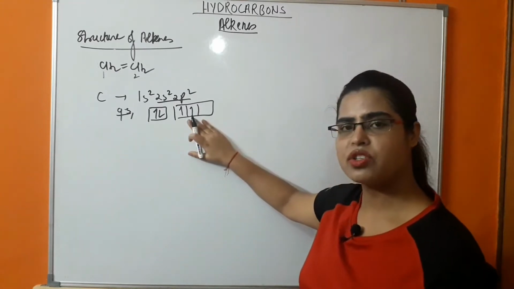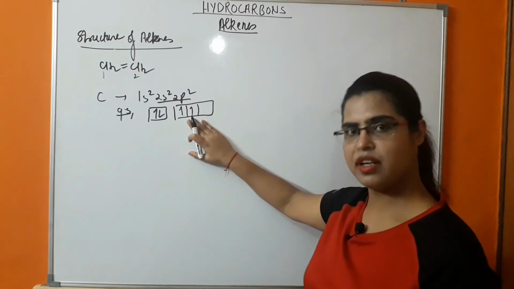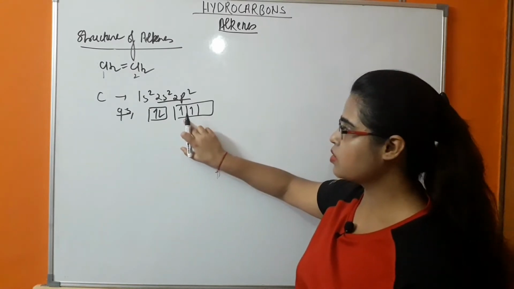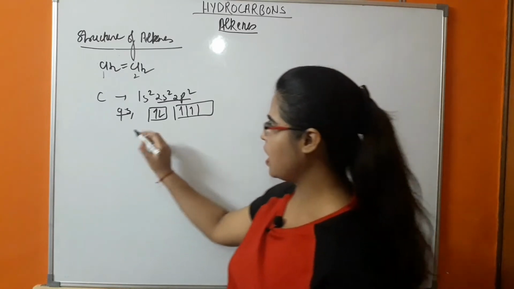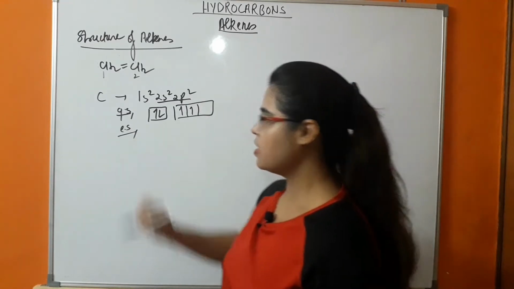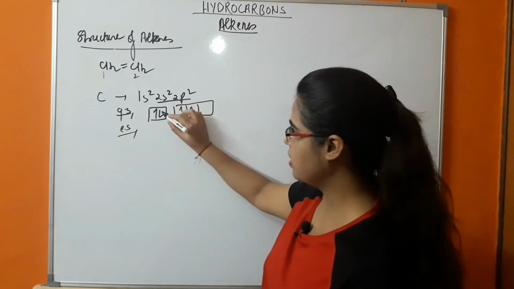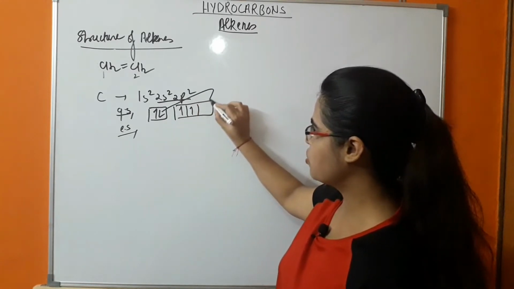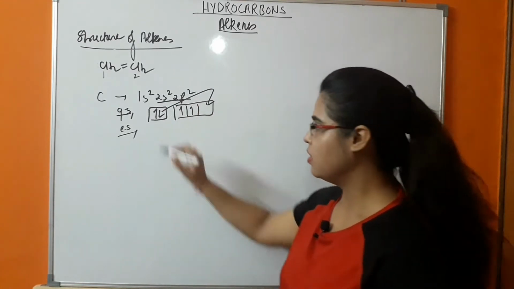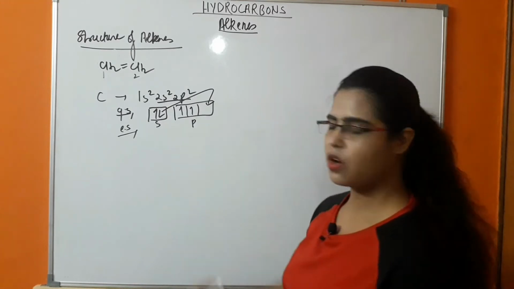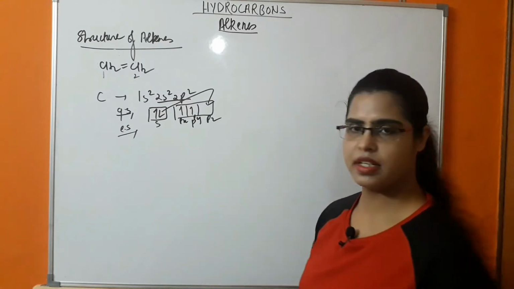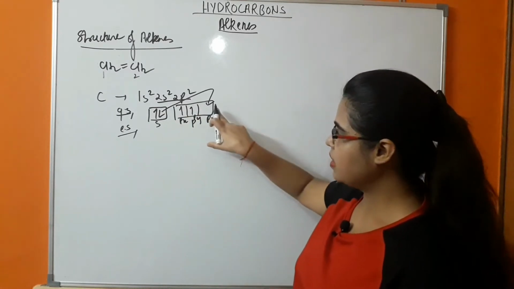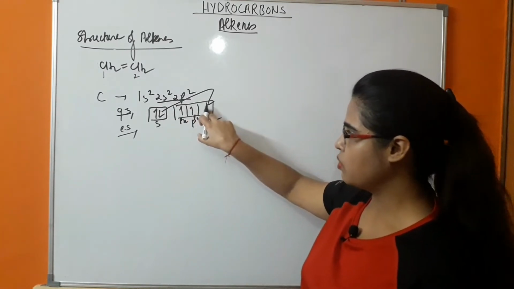But bond formation is done only by unpaired electrons. In this case only 2 unpaired electrons are present. Because of that, in the excited state, an electron from the s orbital is shifted to the p orbital. This is the s orbital, this is the p orbital, with px, py and pz. So in the excited state, this electron shifts to this orbital.